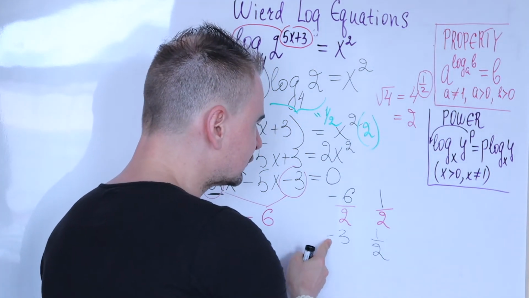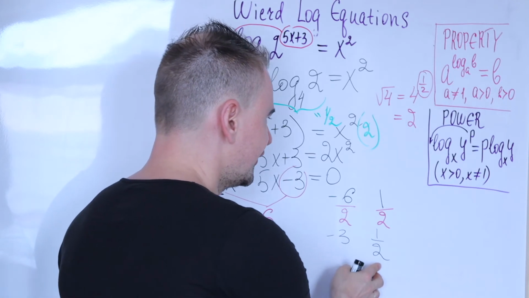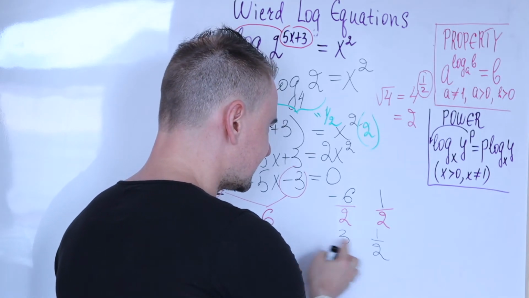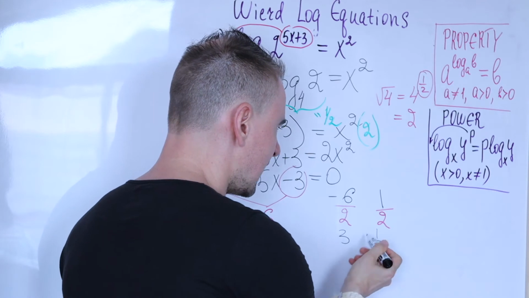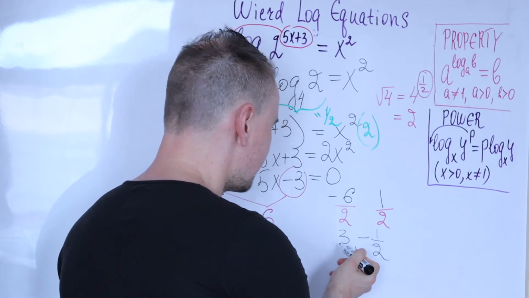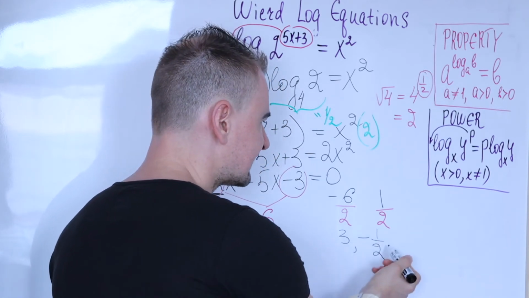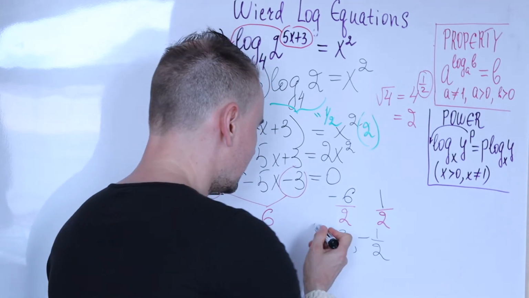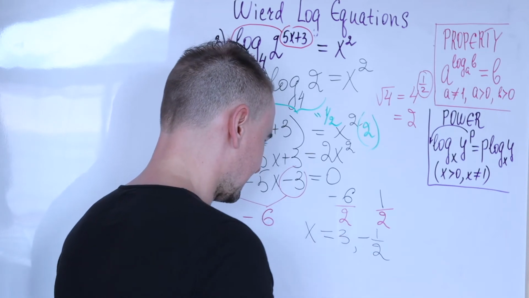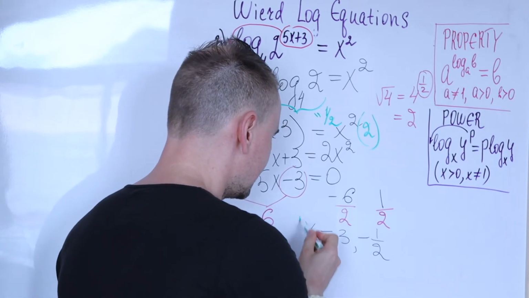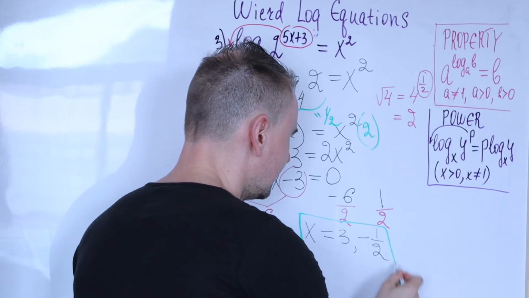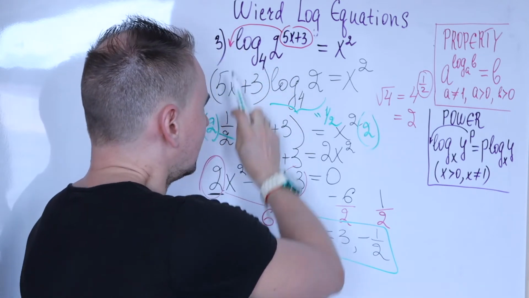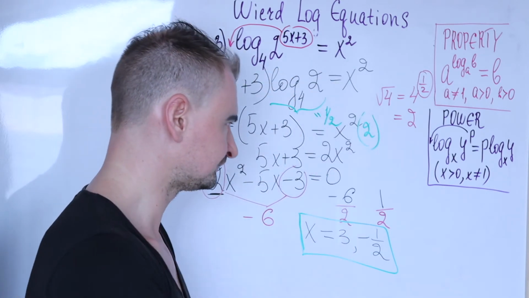The next step is to switch the signs in front of these numbers. So the first one becomes 3, and the second x is -1/2, and those are your answers for that log equation.